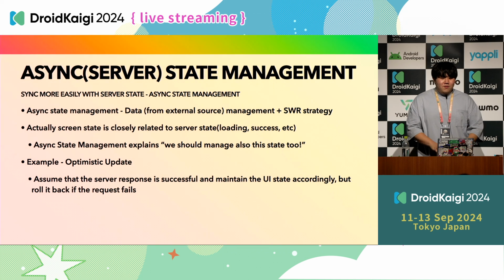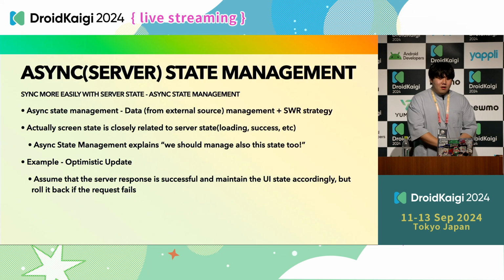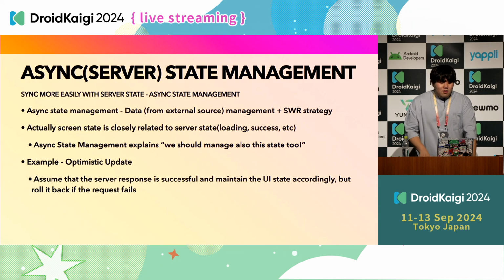One example of a feature that can be easily implemented with this state management approach is optimistic updates, which I mentioned before in the slide's example. Optimistic updates assume that the server will respond successfully, allowing the UI to be updated in advance and only rolling the UI back to its original state if the request fails.